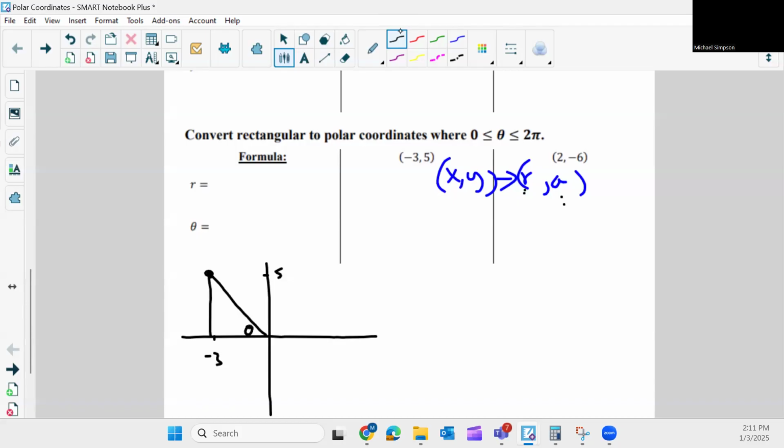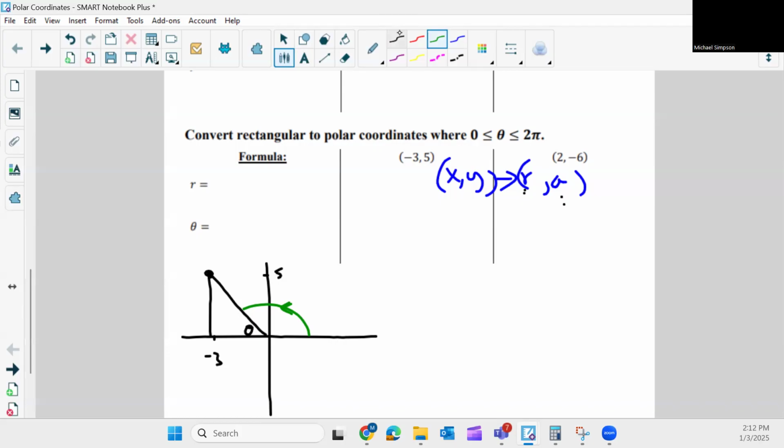We're going to use the reference angle. The angle we're looking for, this angle right here, theta, is the angle we want from the origin. But we're going to use the reference angle to help us find it. Good. And so we're going to use a right triangle.